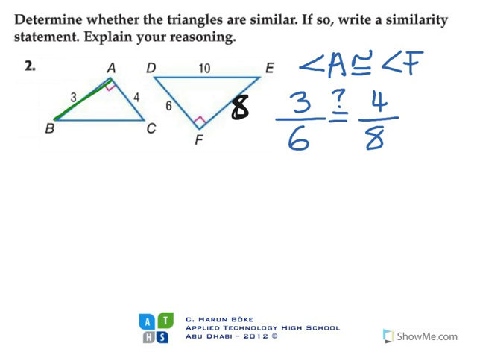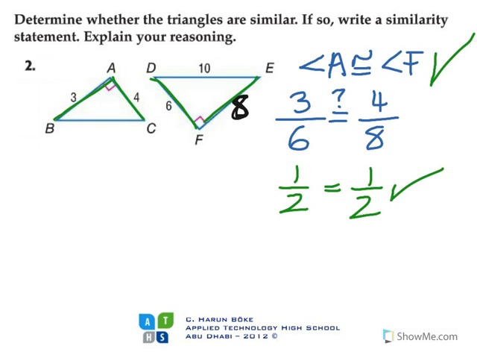Remember, we have to use the arms of the triangle, the congruent angles. So if you do the simplification, you will get 1 over 2 here, you will get 1 over 2 here, so everything's perfect. We have one set of congruent angles, we have the arms to be proportional.